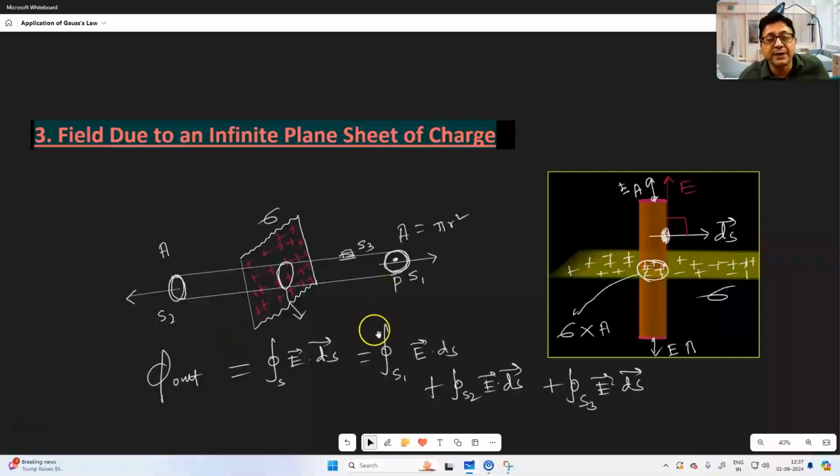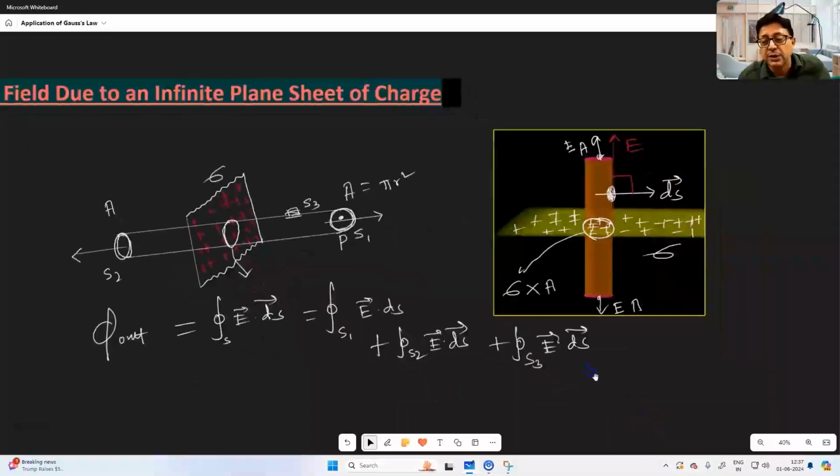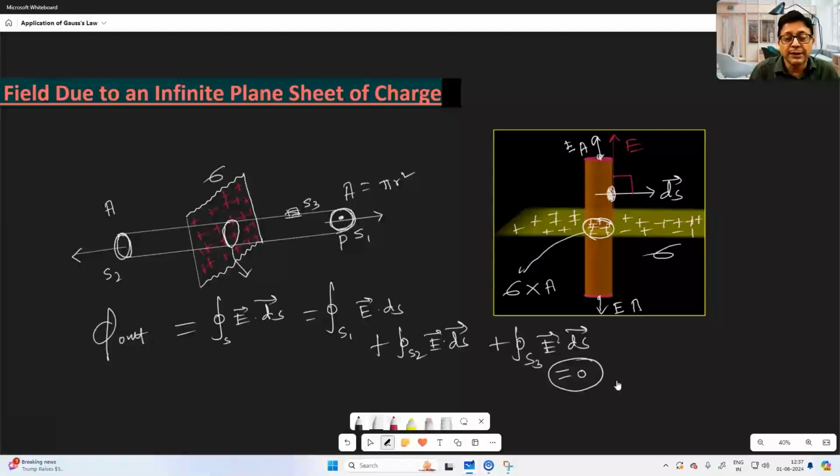Curved surface area we have taken as S3. As the angle between E and ds is 90 degrees, this will vanish. Why will this one vanish? Because E is perpendicular to ds. That's why this will not exist. Clear?